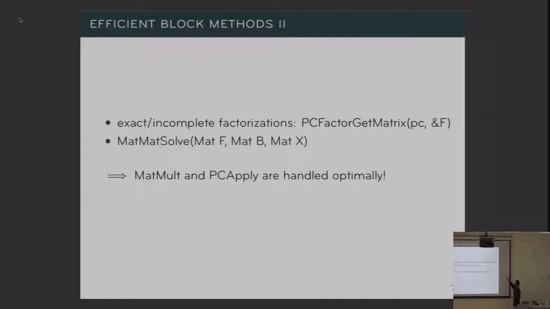If you are giving to HPDDM a PC that uses factored matrices, we can get the factor matrices using PCFactorGetMatrix, and using those factor matrices, we can switch to a MatMatSolve instead of a PCApply, and so on. So that way we can handle MatMult and PCApply optimally. Instead of doing a loop on all of your columns, we can do a single pass and a single MatMatMult or MatMatSolve. So I'll try to do a quick demo.